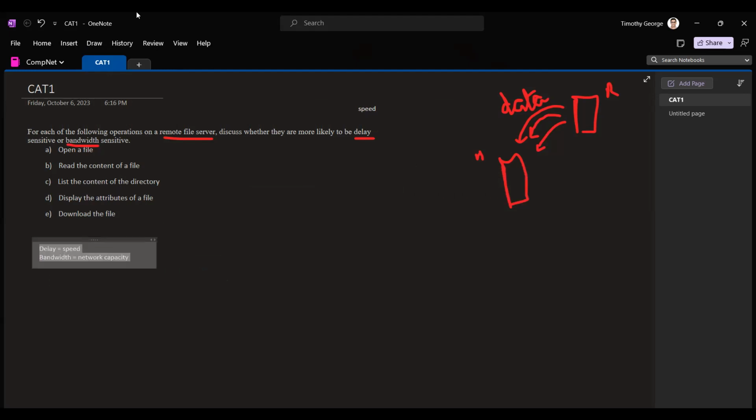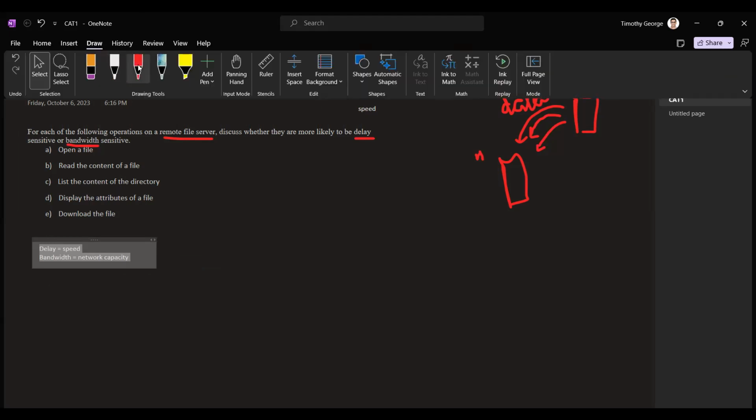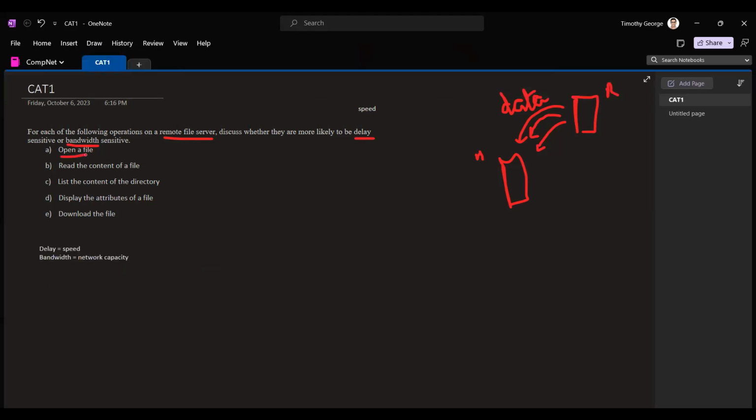The first subpart says to open a file. So what do you need to open a file? Let's say you have an Explorer with many files, and all you want to do is click on one particular file and open it. What kind of data are you looking for?